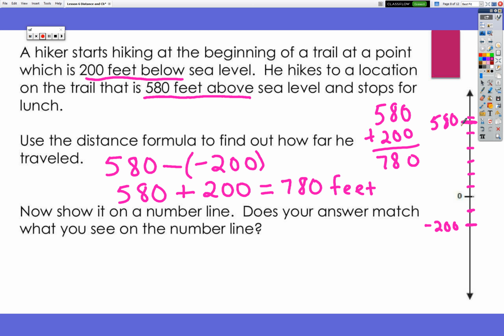Well, if we look at the distance from 580 to 0, that's 580 units, right? And then if we look at the distance from 0 to negative 200, that's 200 units. So to find this total distance from here to here, we have to add 580 plus 200, which is what we did to get 780 feet. So that makes sense. Our answer matches what we see on the number line.